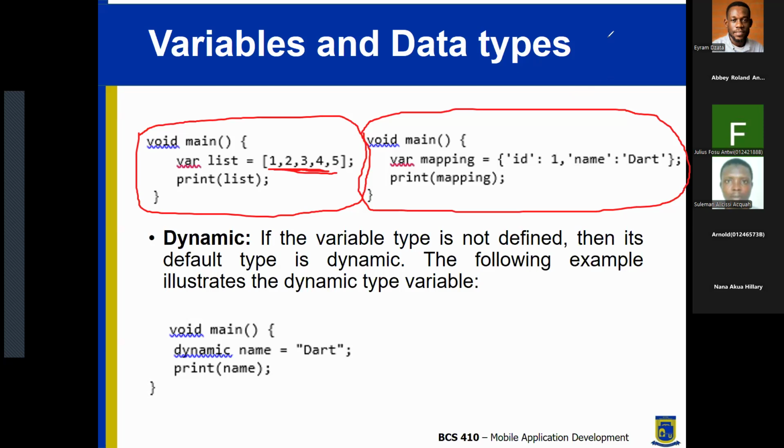So it could be something regarding an employee. If it's an employee, you can map it by taking the employee's ID and the employee's name, in that form.